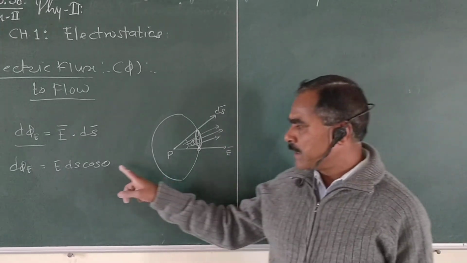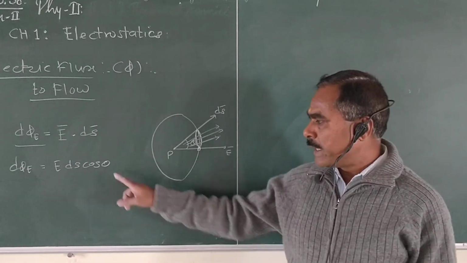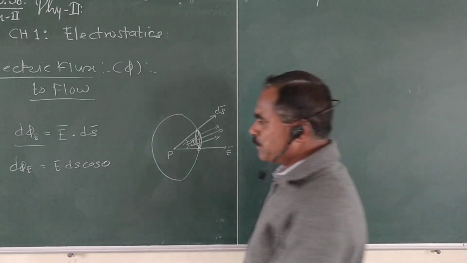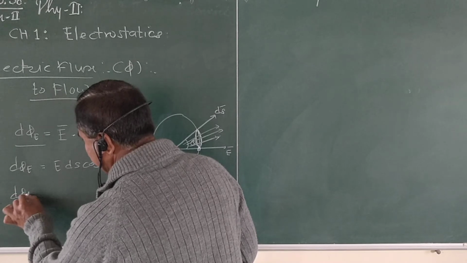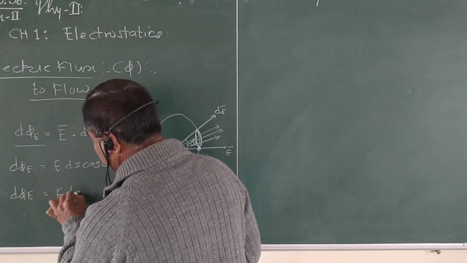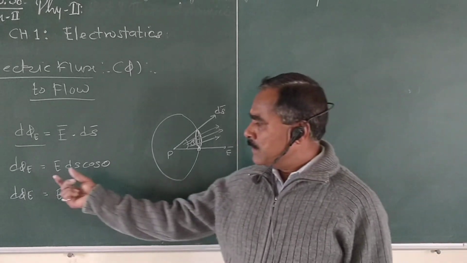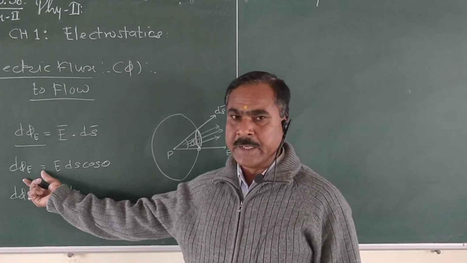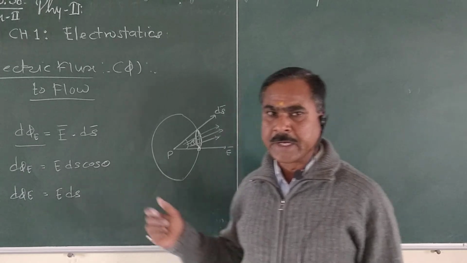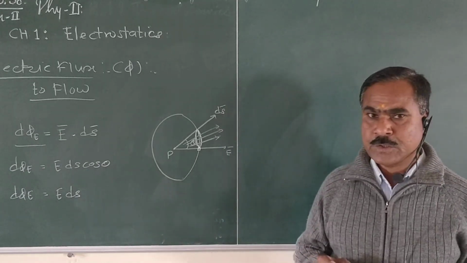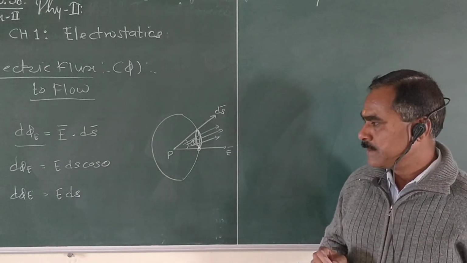So take theta equal to 0 and cos 0 is 1. So simply we write d phi e equal to E ds. Here d phi e is the small amount of electric flux passing normally through the small area.